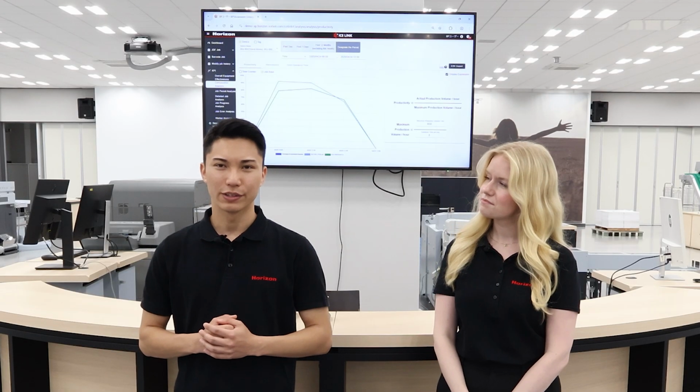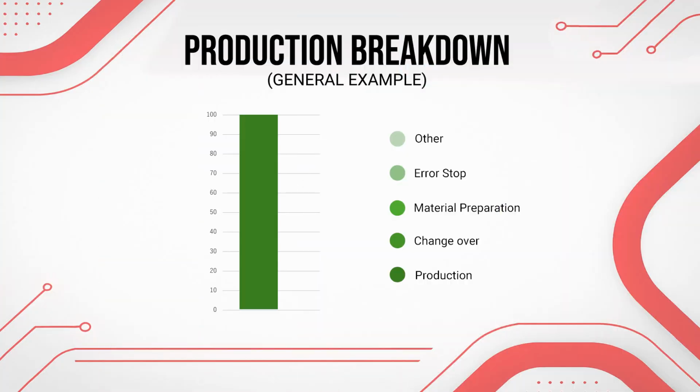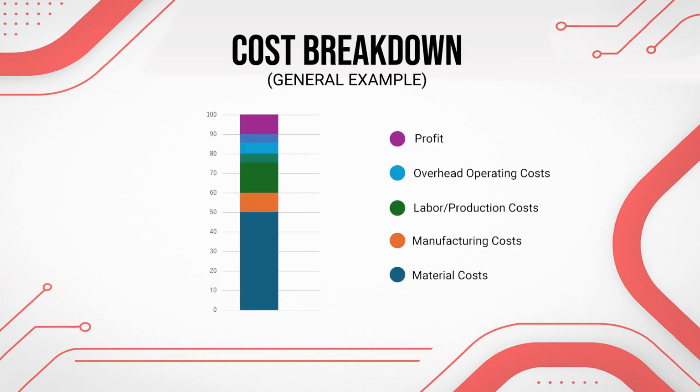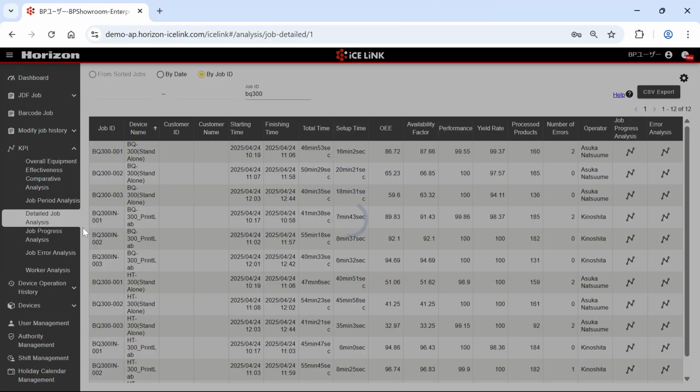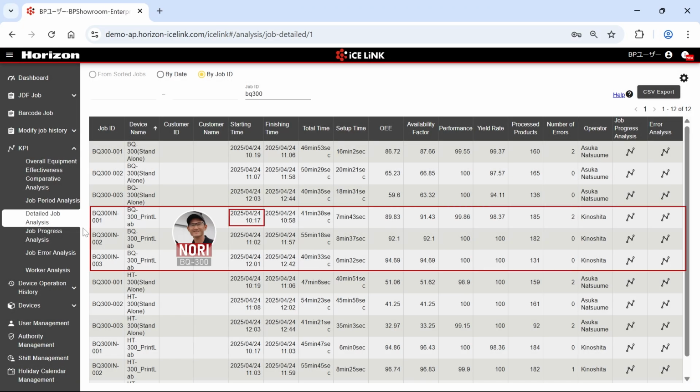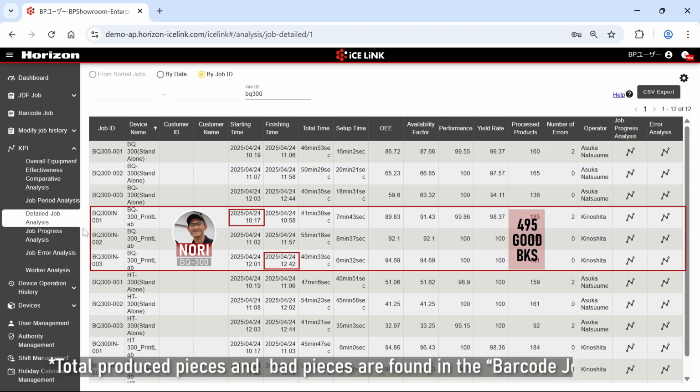One of the key goals of iCE Link is to make the cost structure of your labor expenses transparent. So finally, let me give you a hint to calculate how much of a difference iCE Link can make to the production value. According to the iCE Link log, Nori worked from 10:17 to 12:42, completing 495 books.